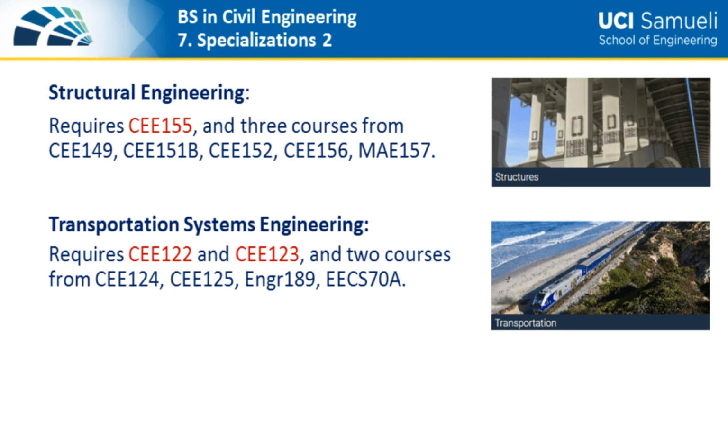The specialization in Transportation Systems Engineering requires both CEE 122 and CEE 123, and another 2 courses in transportation or related areas. Roughly speaking, about 25 to 35% of our students specialize in either structures, transportation, or water, with the remaining specializing in the general area.